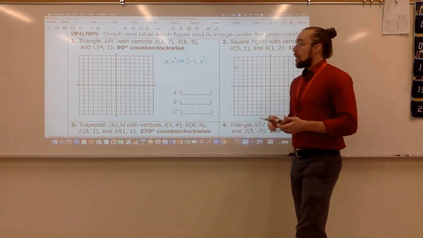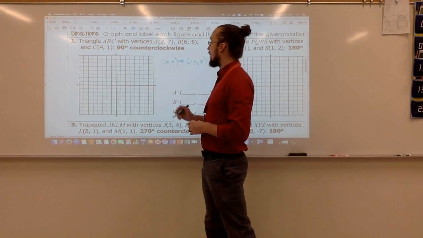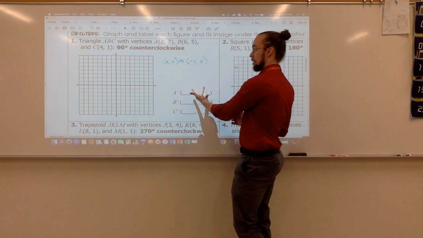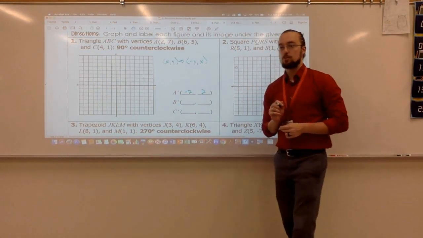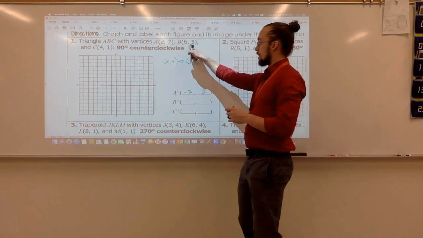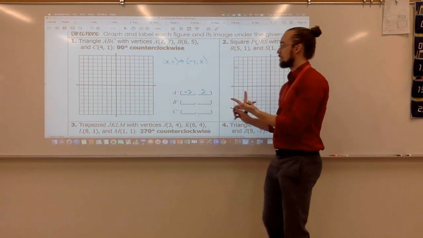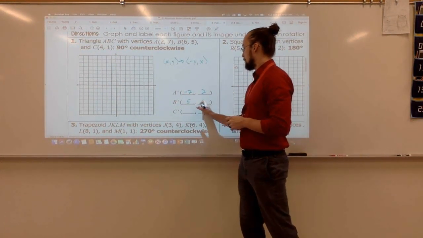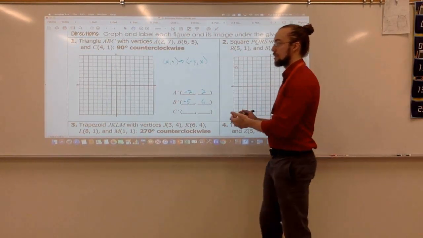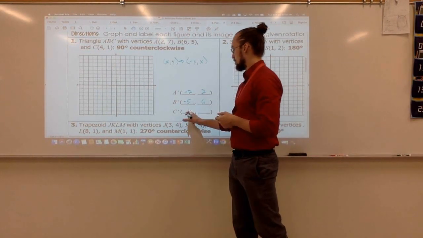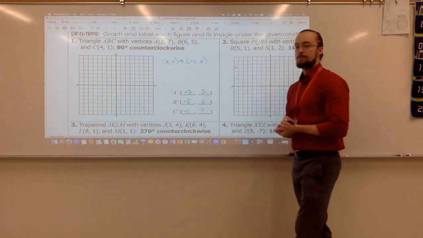So if I take my A, which was 2, 7, I flip them and take the opposite of the first one, I'm going to be at -7, 2. If I take my B, flip them, and take the opposite of what the y was, and then same for C, flip them, and take the opposite of the first one.